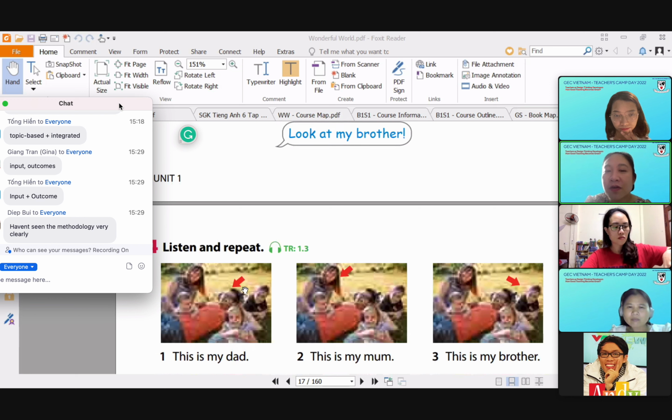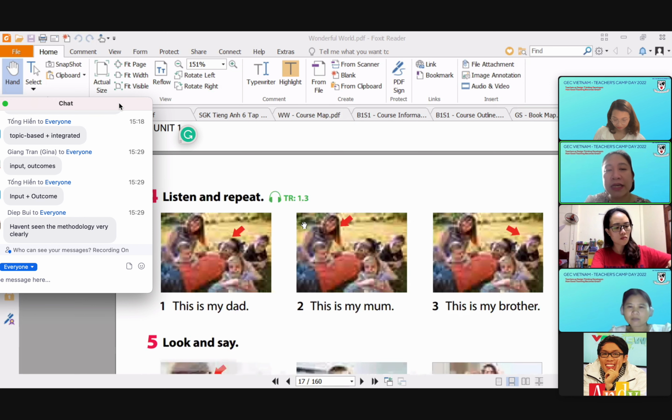They are very useful and relevant instructions for kids. Normally the kids are age 6, for example, because here it is age 6 to 8, because it's Wonderful World 3. But I think it's relevant to them.